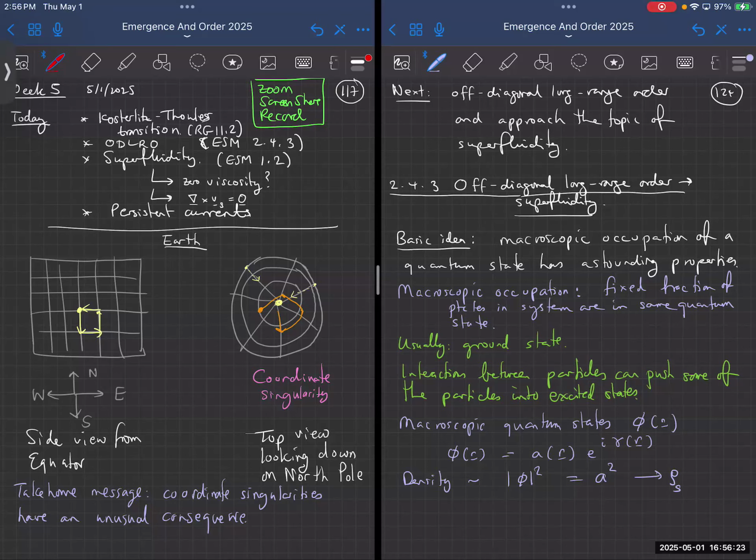Then I'm going to write down the Schrödinger equation for this system. The Schrödinger equation is just i h bar d phi by dt equal to minus h bar squared over 2m del squared phi plus whatever is the potential between them.